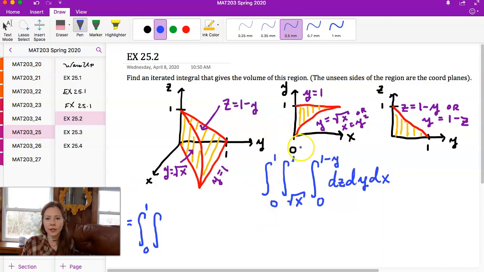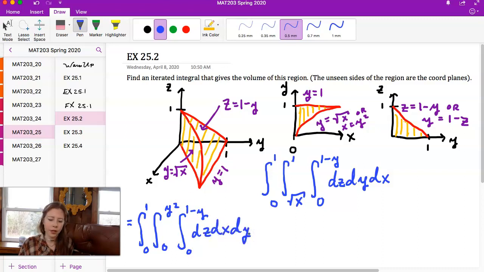So x is going to go from 0 all the way to the right here, which is going to be x equal to y squared. So it's going to go from 0 to y squared. And finally, z is still going to be from 0 to 1 minus y. And so this was dz, dx, dy.